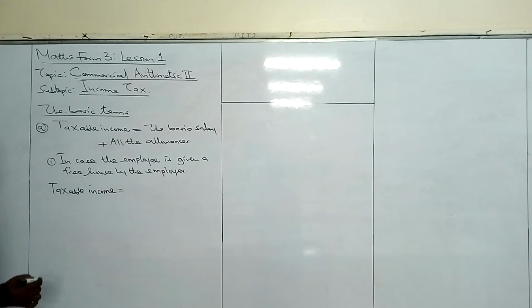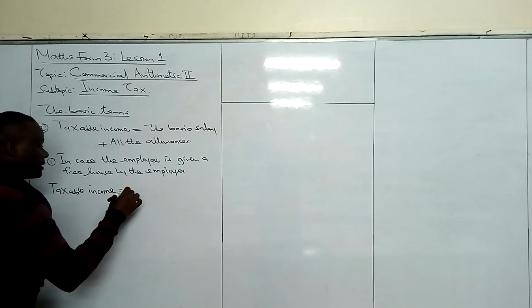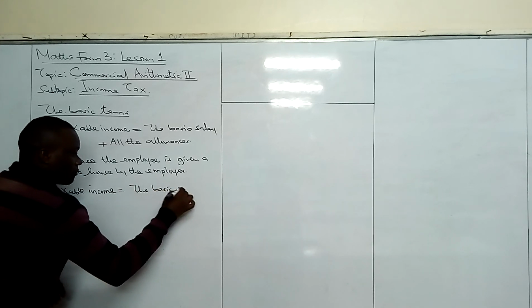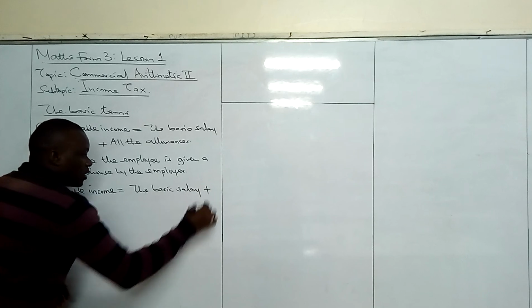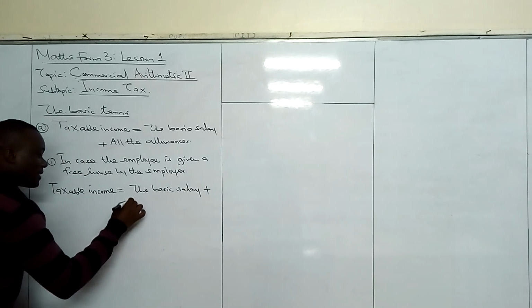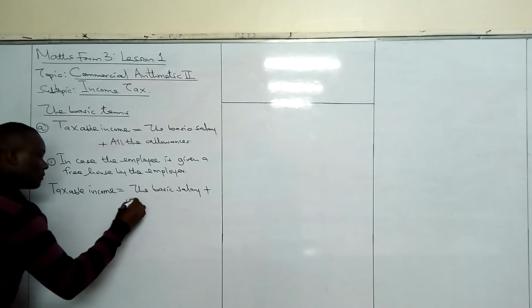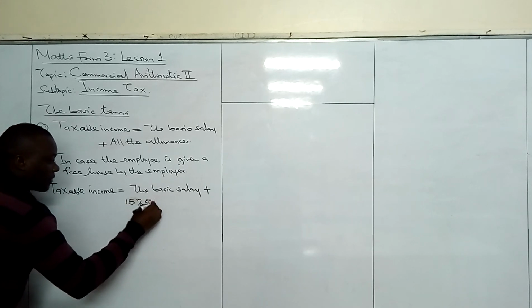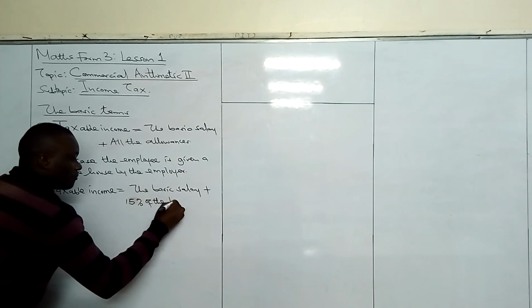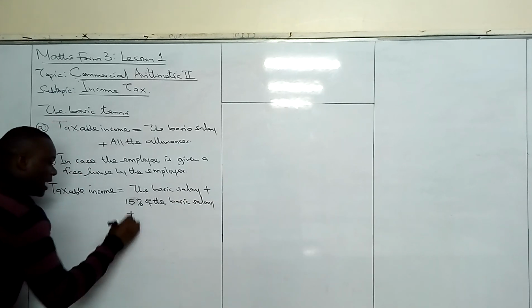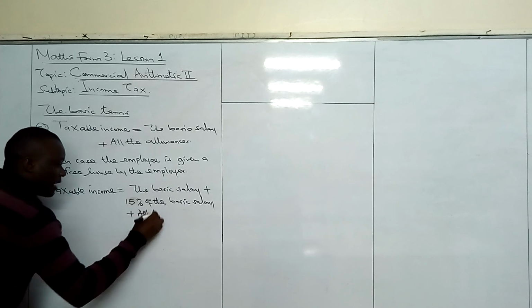is equal to the basic salary, then we add 15% of the basic salary, then we add all the allowances.